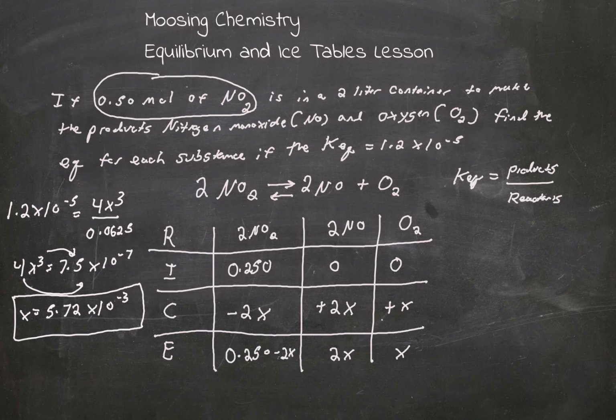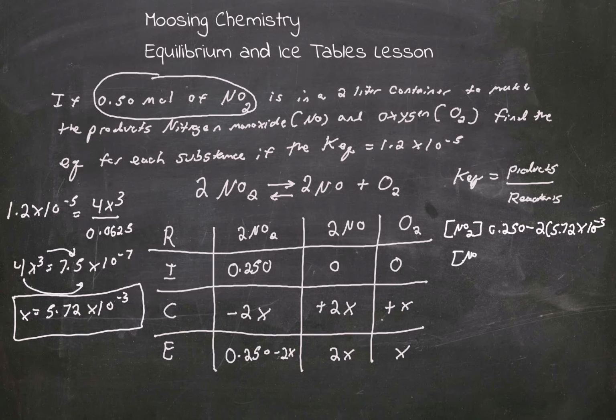All right, so we want to know the value of NO2. So we're going to take the E value. For NO2, it's going to be 0.250 minus 2 times our x value, which was 5.72 times 10 to the negative third.